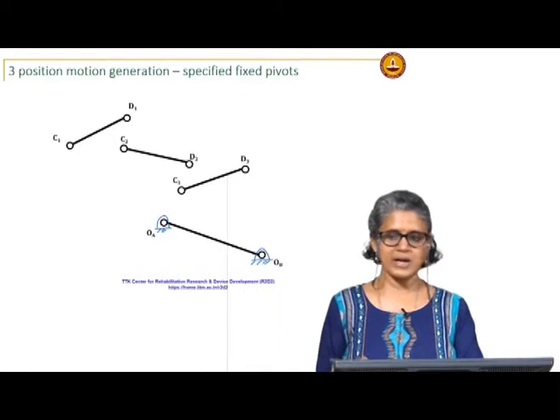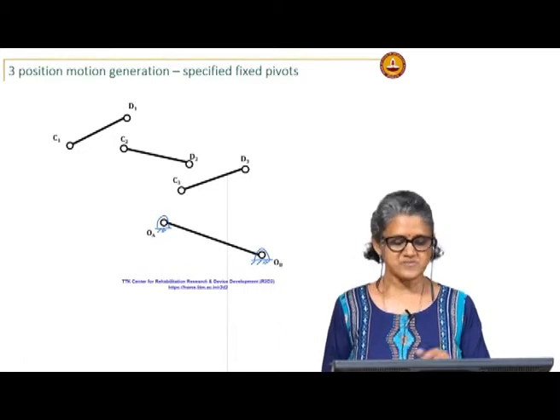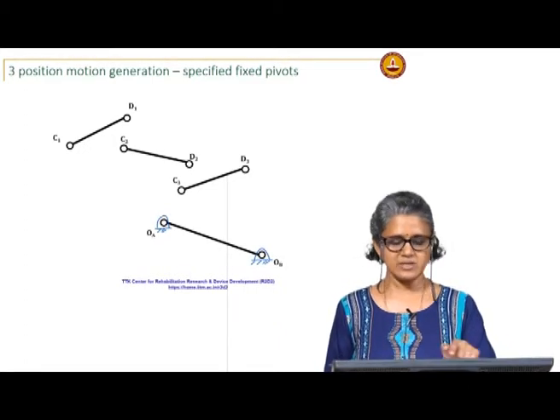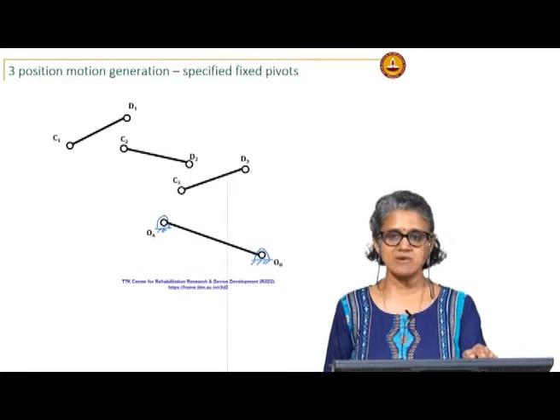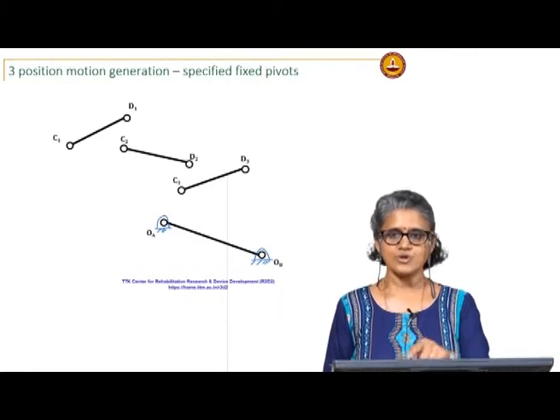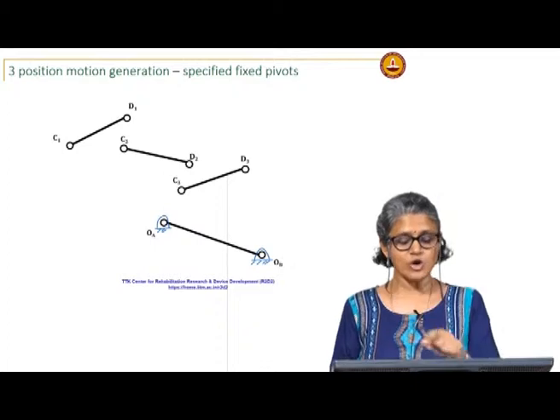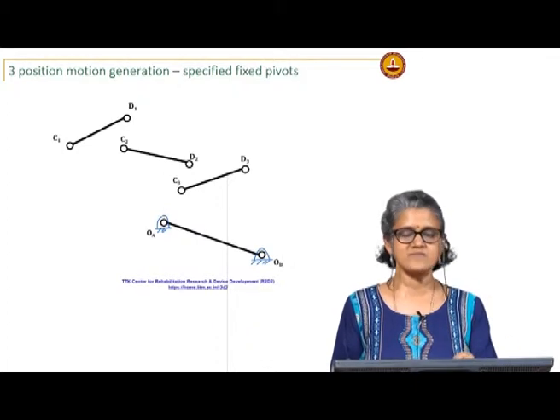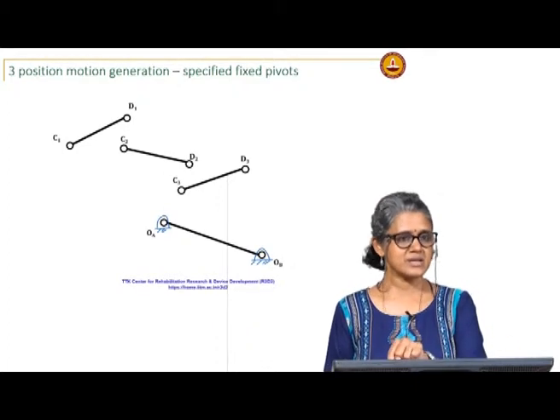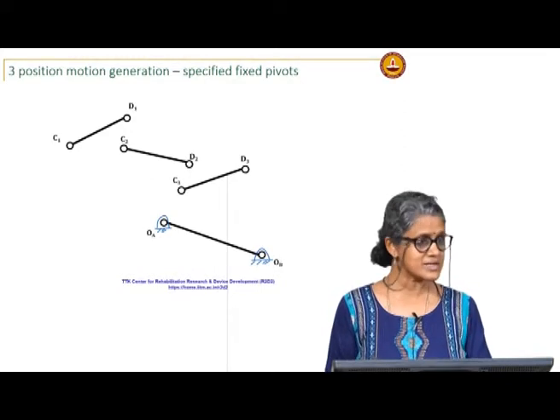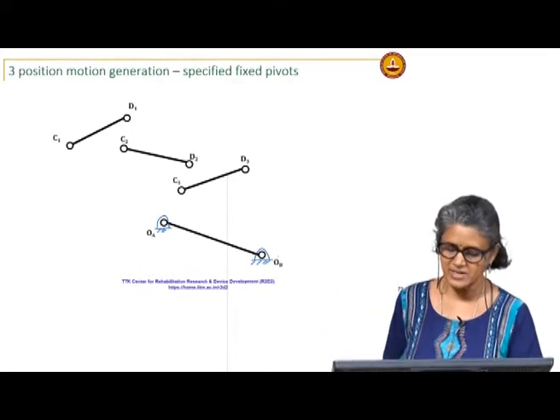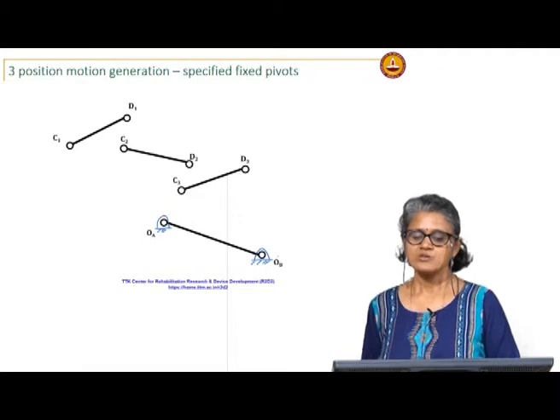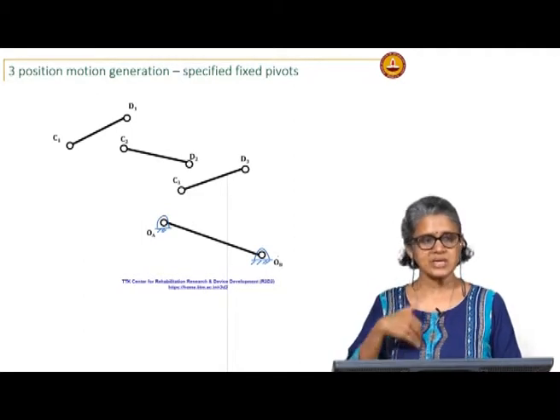Notice they are OA and OB. It is very likely that if I connect OA to C1 and OB to D1, C1, C2, C3 will not lie on a circle with center at OA. Similarly, D1, D2, D3 will not lie on a circle centered at OB. The chances of that are pretty slim. So basically you want to do the reverse of the problem.